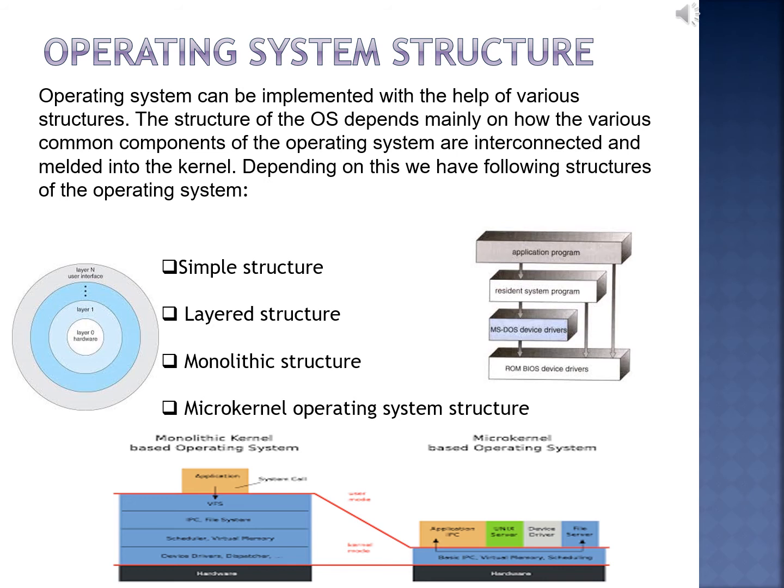Depending on this, we have the following structures: the first one is simple structure, next is layered structure, next is monolithic structure, and the last one is microkernel operating system structure. I am going to briefly discuss each of these.